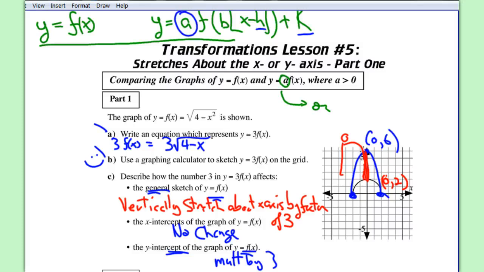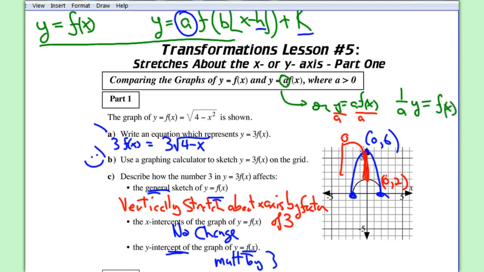So in other words, if you had y equals a f of x, you could say, well, I could divide both sides by a, and as a result, you might also see this function as 1 over a y equals f of x.